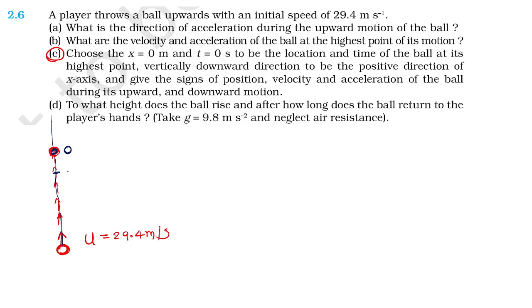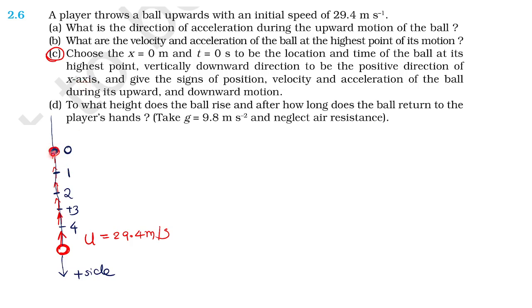So I have to mark 1, 2. This is the positive side of x-axis. So plus 1, plus 2, plus 3, plus 4, etc., I will mark. Why am I marking plus 1, plus 2, plus 3 downward? Because they clearly say that the vertically downward direction is to be the positive direction of x-axis.